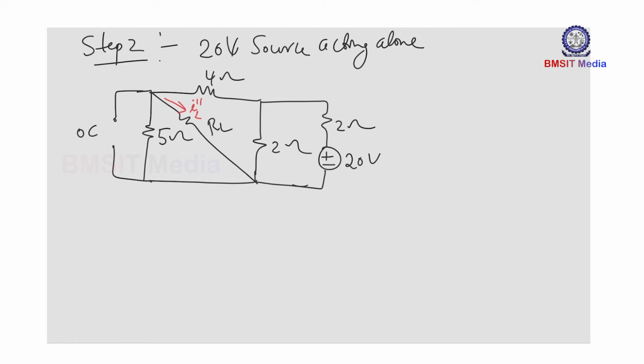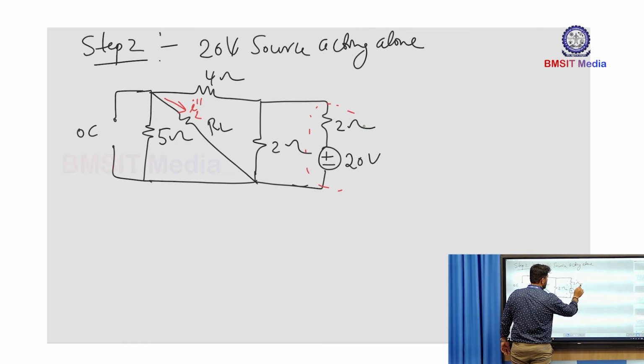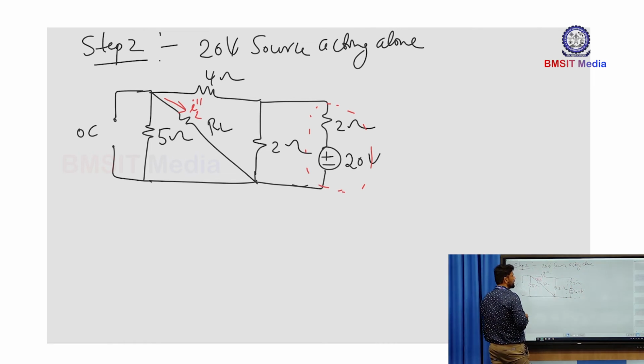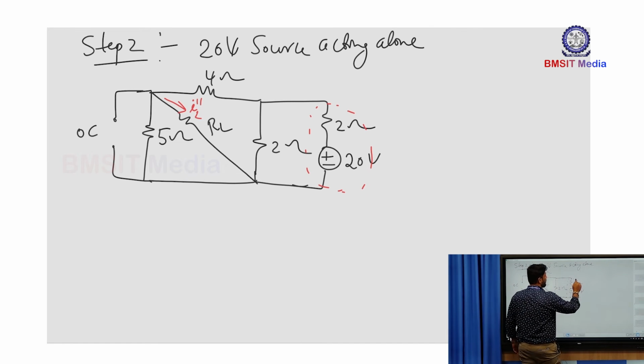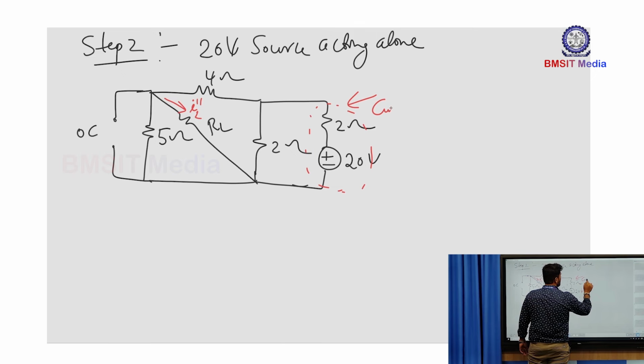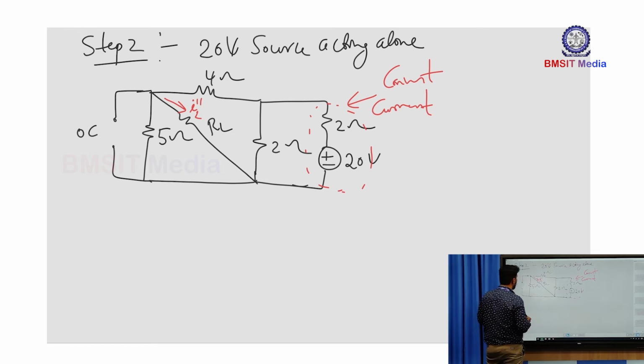Now just look at this network, how you can simplify this part. This is a practical voltage source. If I convert this into a current source, what is the equivalent network we get now?